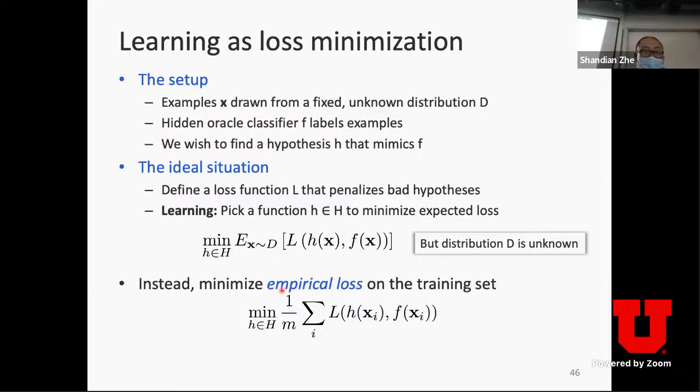We can view this average over the training examples as an approximation or estimate of this expectation. This loss is a random variable of X. If you want to estimate this expectation, you just sample a bunch of instances of the random variable and average them, and you get your empirical loss. Any questions so far?